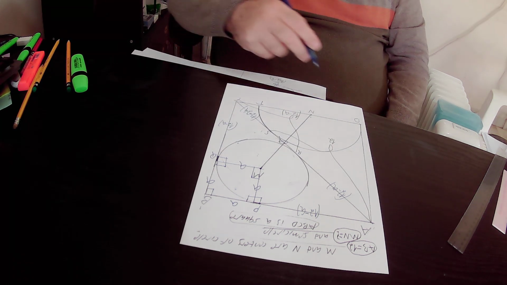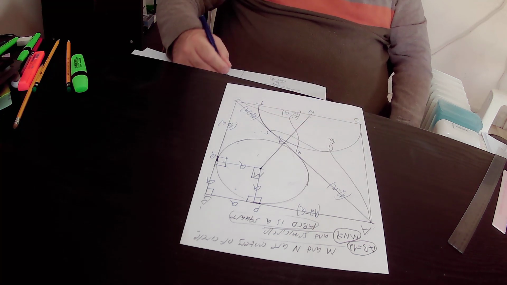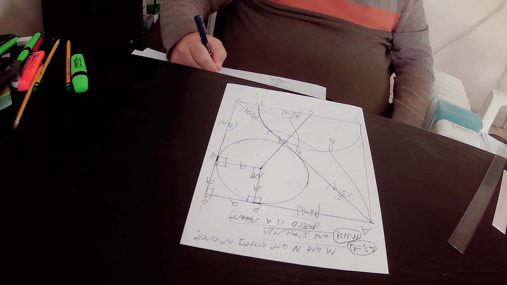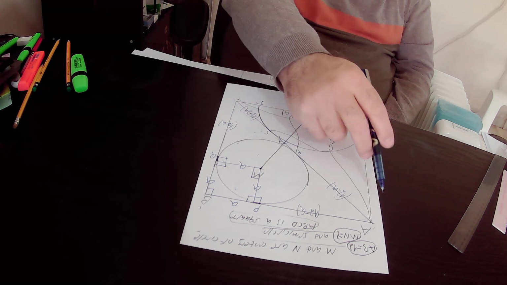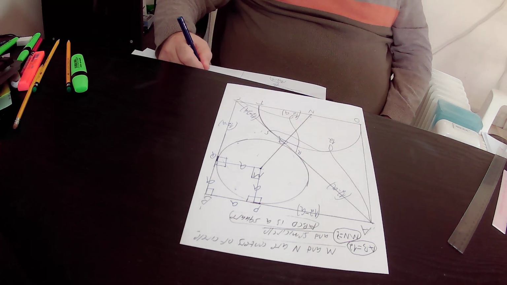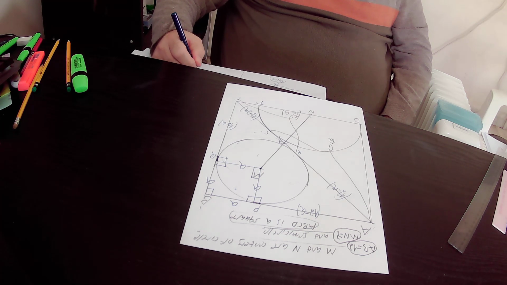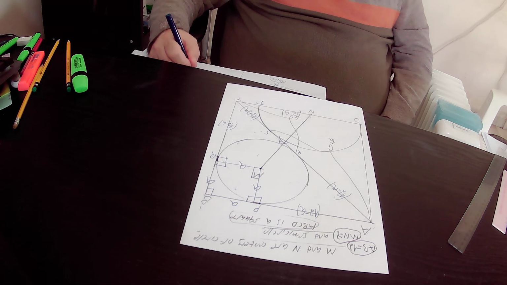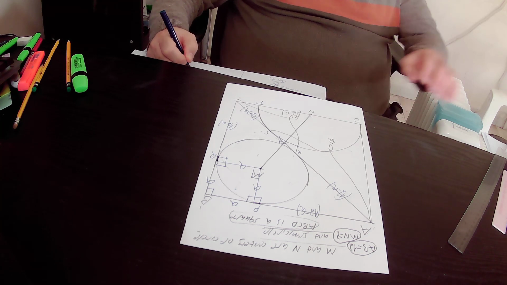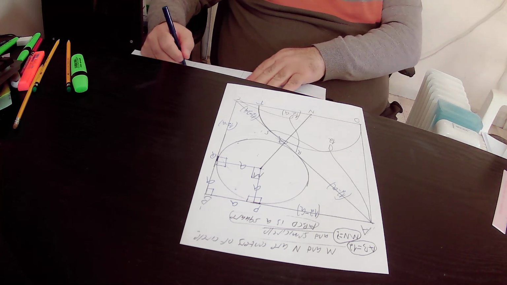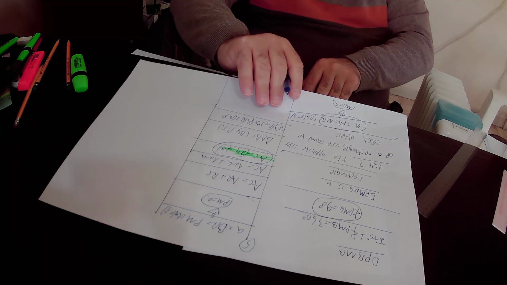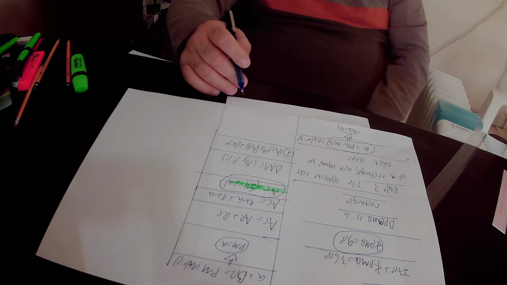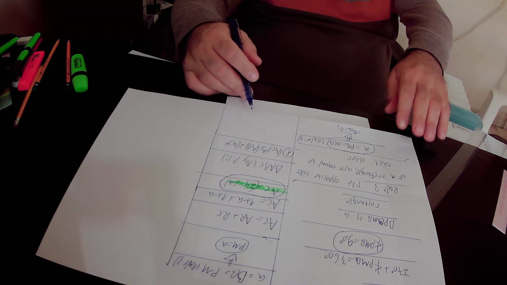That is to say, the hypotenuse is AC, so the square of the hypotenuse is AC squared, and it must be equal to AB squared plus BC squared.